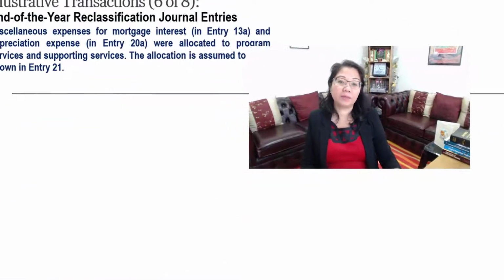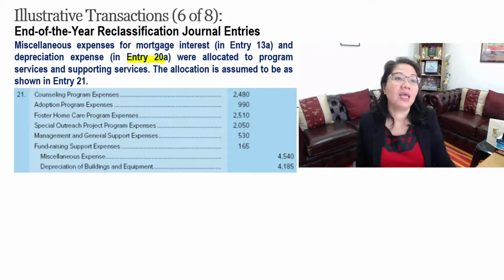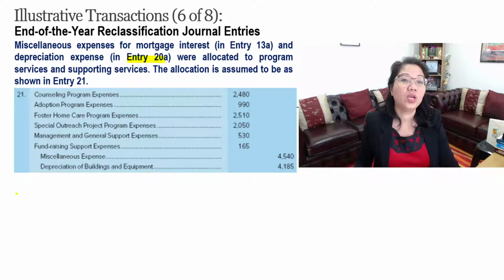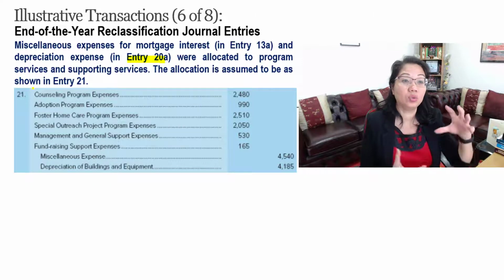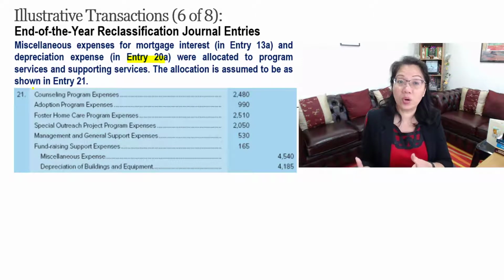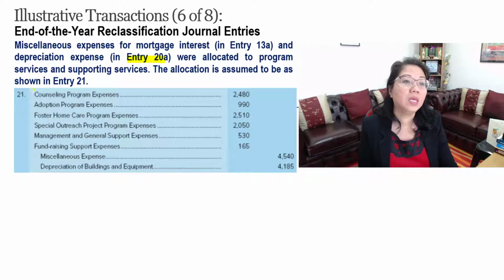assets. All right. In the end of year reclassification journal entries, what we are doing is we're allocating the expenses to the program services and supporting services. So the counseling program expenses, all these figures are given.